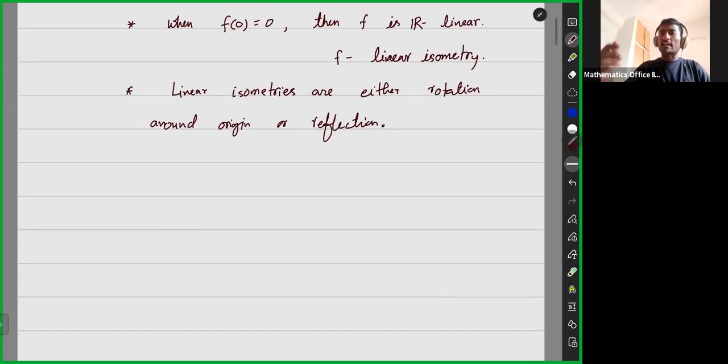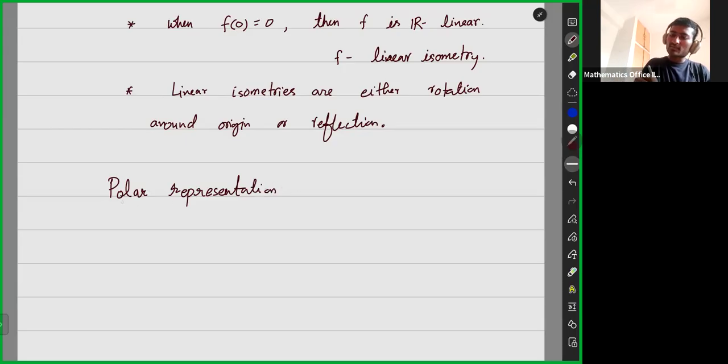After this we learned what the polar representation of complex numbers is.